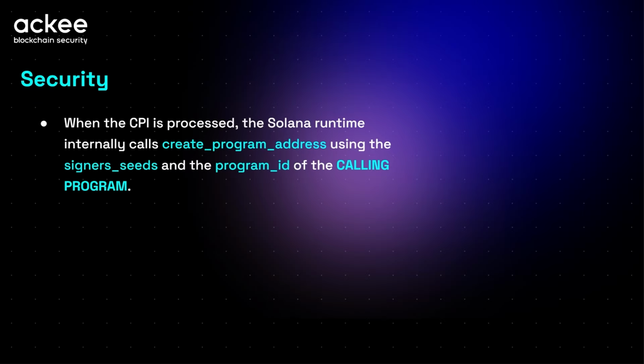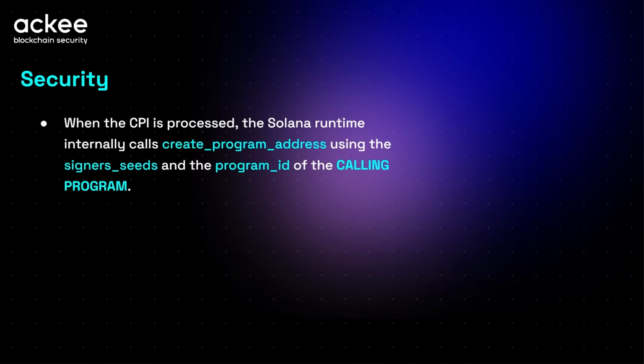This is actually a security consideration. When the CPI is processed, the Solana runtime internally calls create program address using the signer seeds specified and the program ID of the calling program. This is the important part.